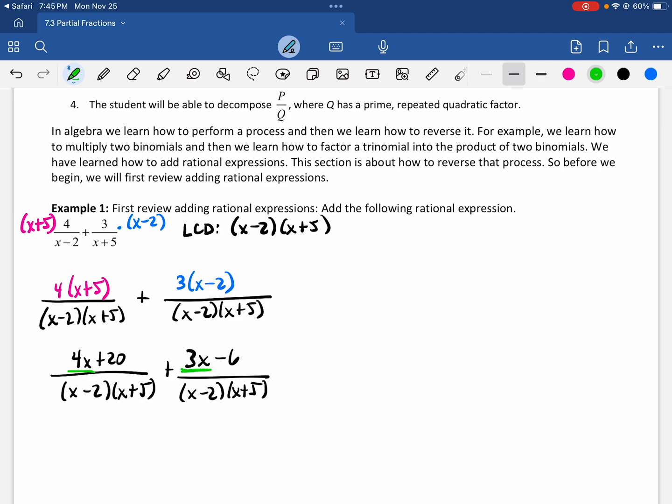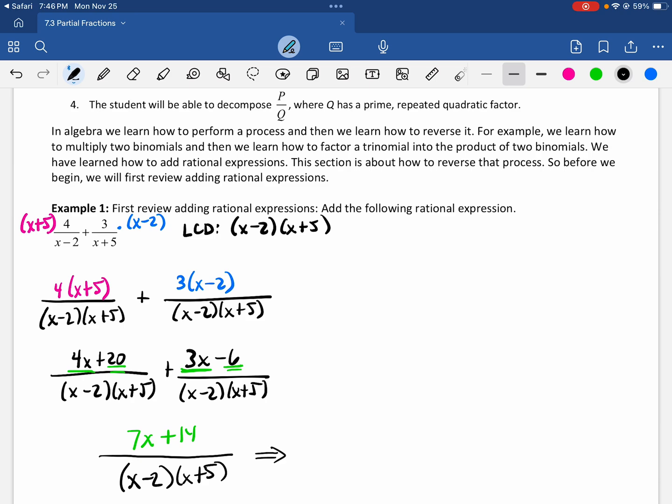So 4x plus 3x gives me 7x, and then 20 and negative 6 gives me 14. So there is my numerator, combined over my common denominator, x minus 2, x plus 5.